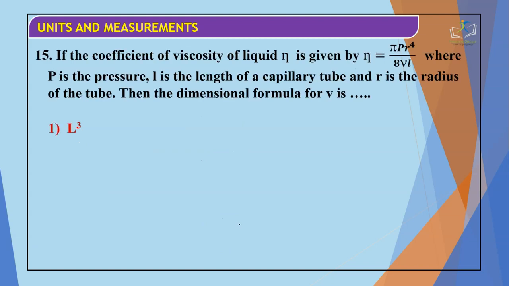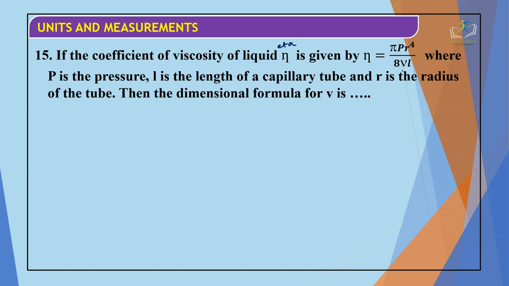Next question we have: the coefficient of viscosity of a liquid, eta, is given by eta equals pi P r to the power 4 divided by 8 V l.